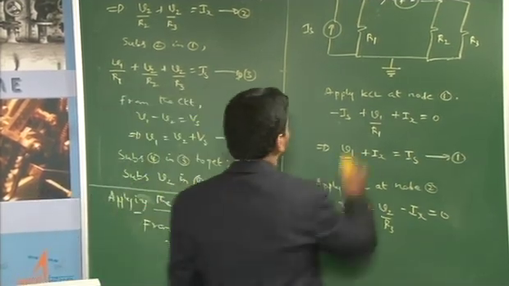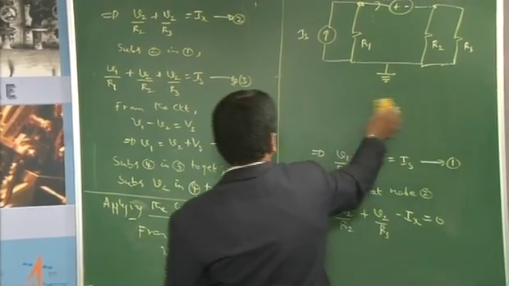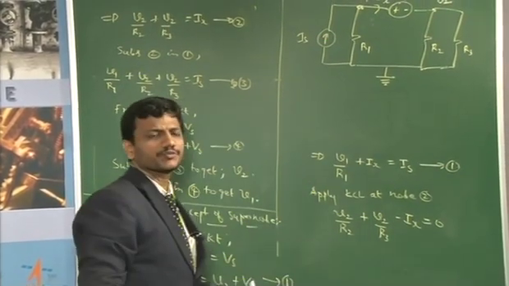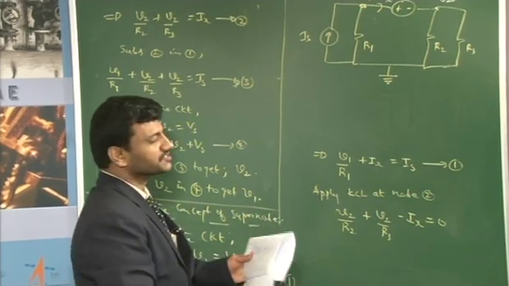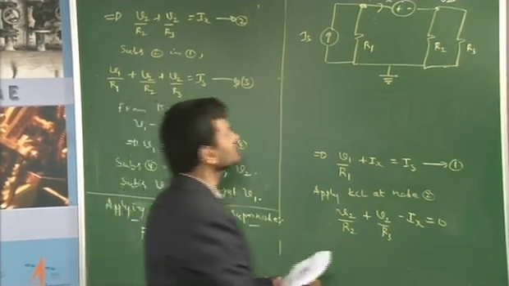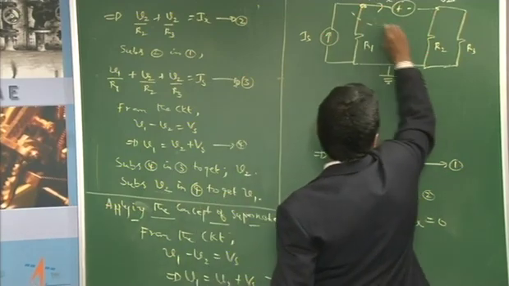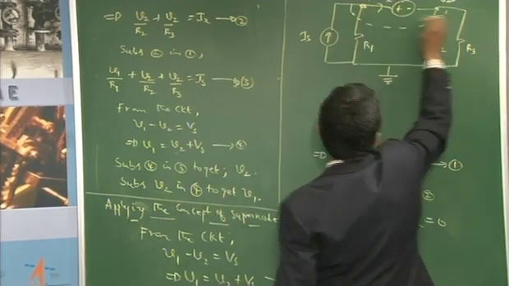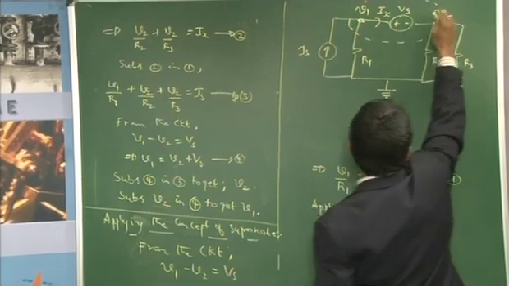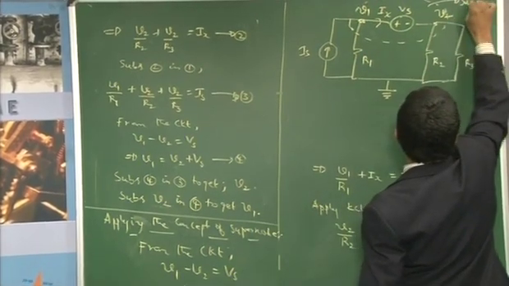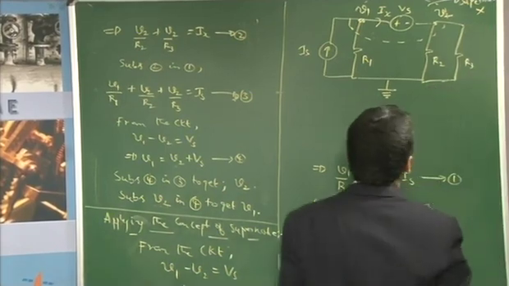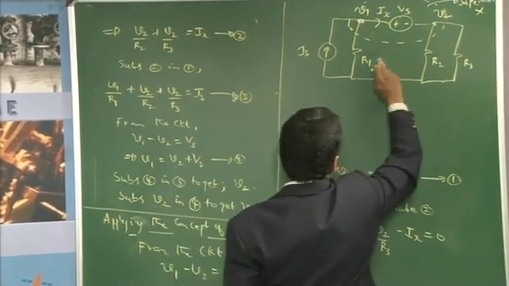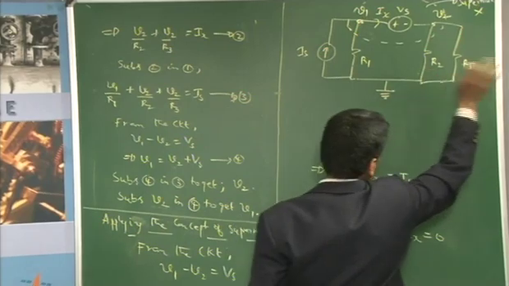Now, just like in the case of super mesh, after writing the constraint equation, we club the corresponding nodes and call it a single node called a super node. So, these two nodes are clubbed and called a super node X. Now, this super node X has how many branches? 1, 2 on this side, 3, 4 on this side.